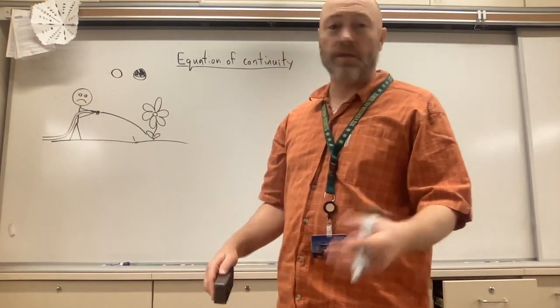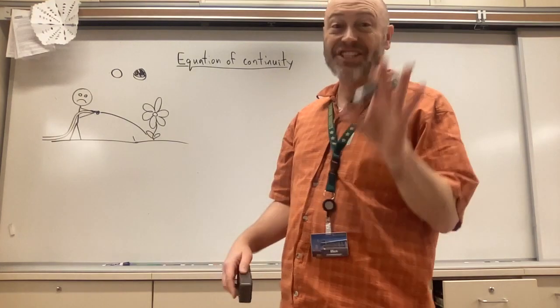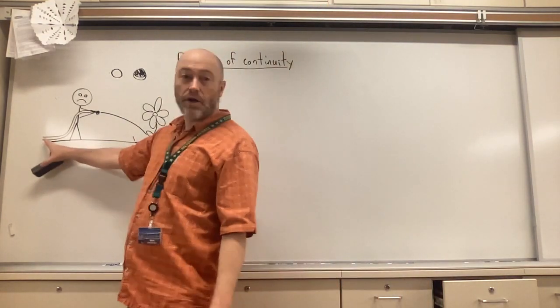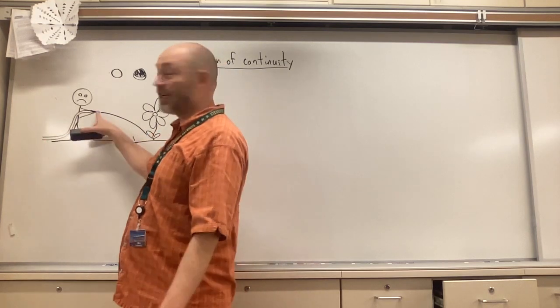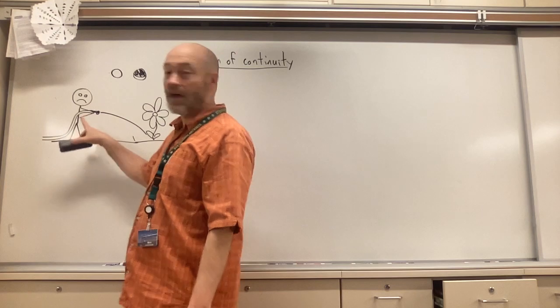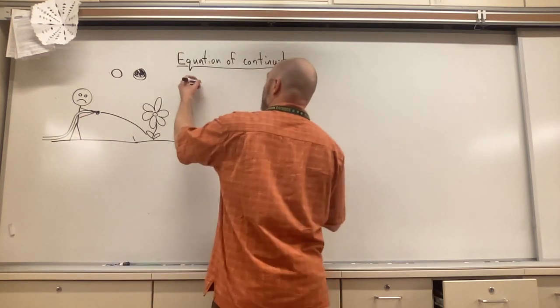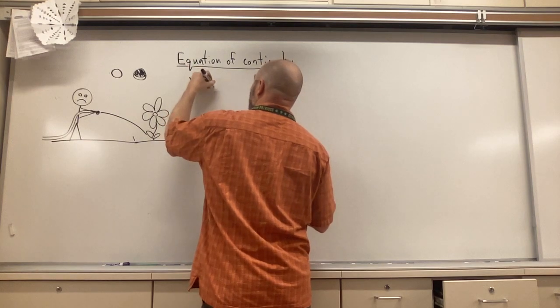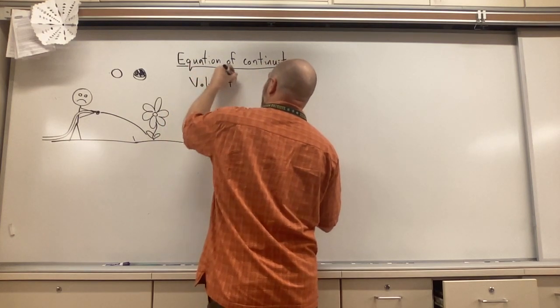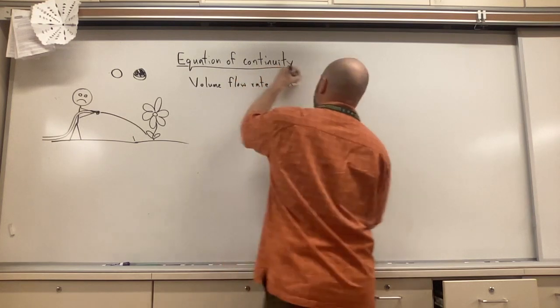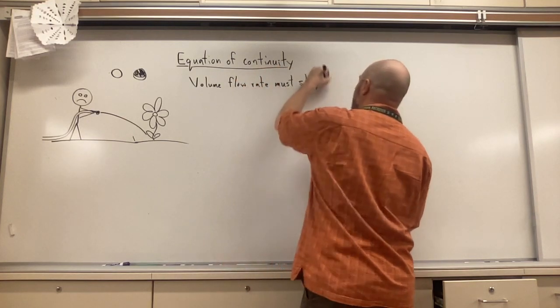It's called the equation of continuity. Essentially, it's saying this: whatever water goes through the hose here has to come out there. So the volume here has to be the same as the volume there. The volume flow rate must stay the same.